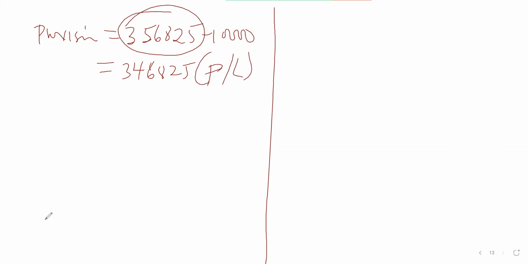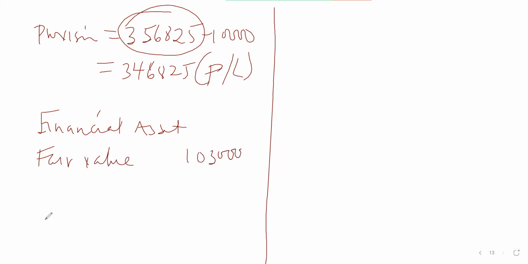But since this has increased significantly, our financial asset will now be shown as the fair value, which is 10.3, which is 10,300,000. Then we subtract the losses from it. The losses will be 356,825.